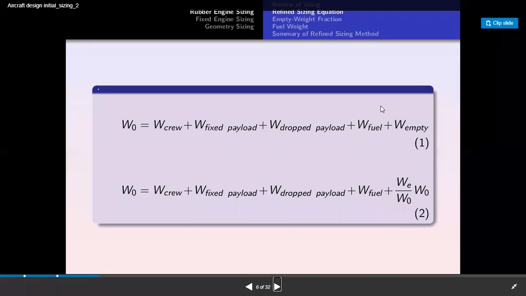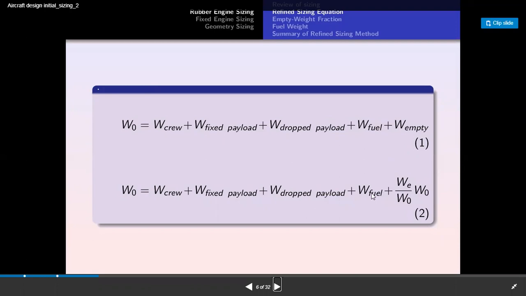And then the fuel weight and the empty weight. Together, crew weight, fixed payload, dropped payload, fuel weight and empty weight are called the total design gross weight. W naught is the total design gross weight. Clear?